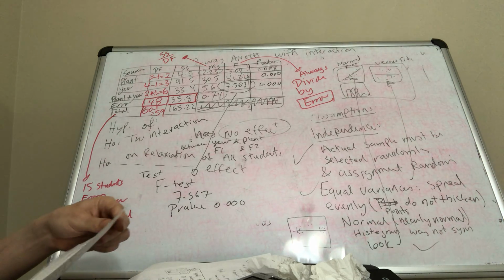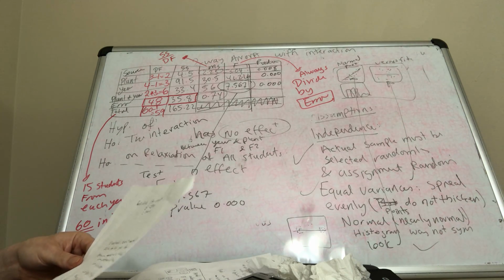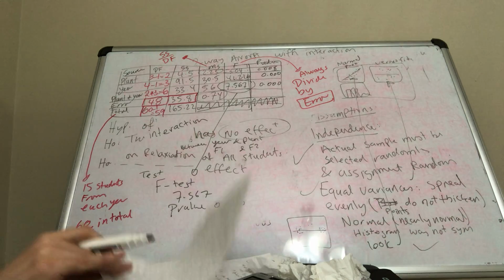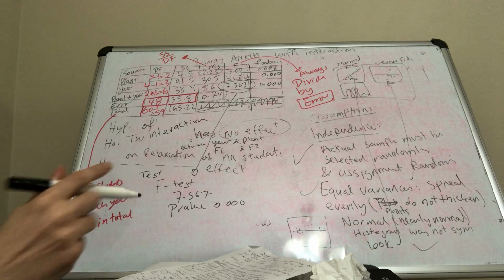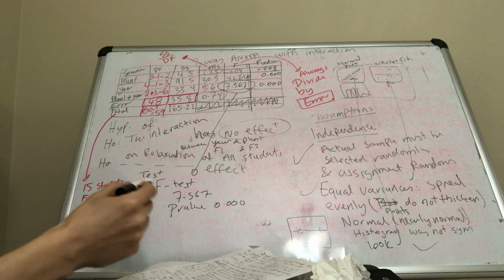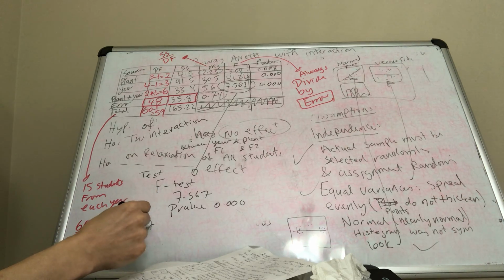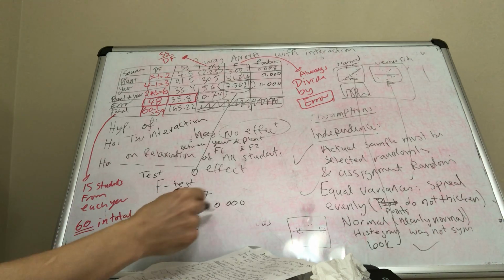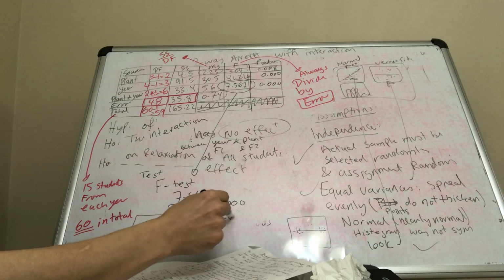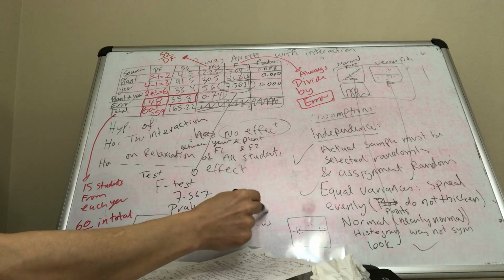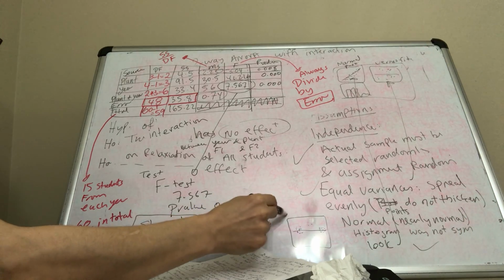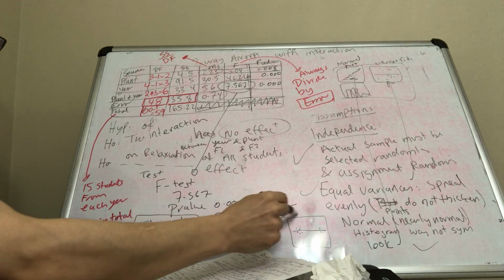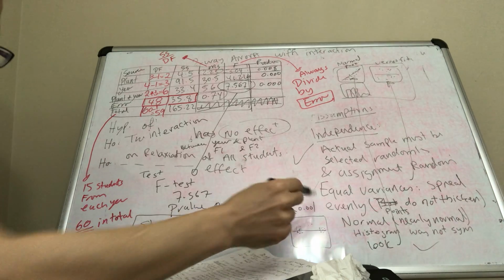Now, what's your conclusion? First of all, they wanted you to talk about strength. P-value of 0.000, that's less than 0.001.